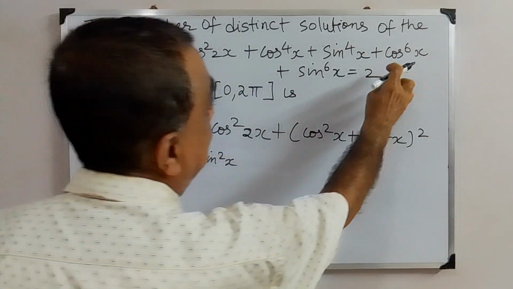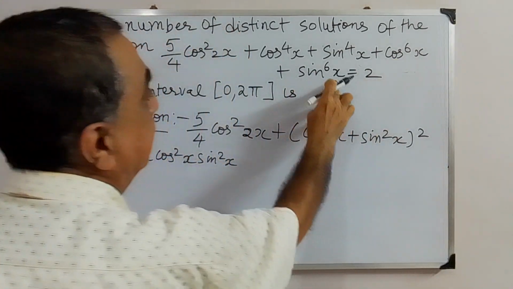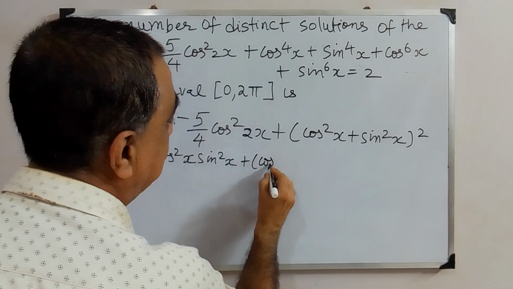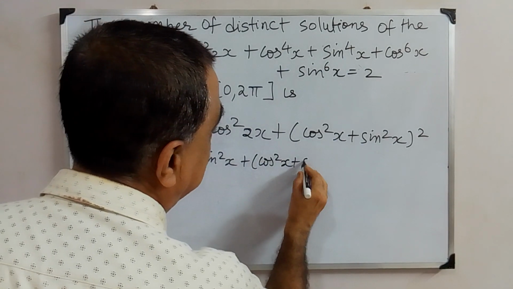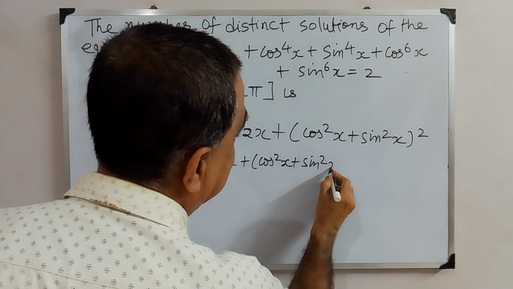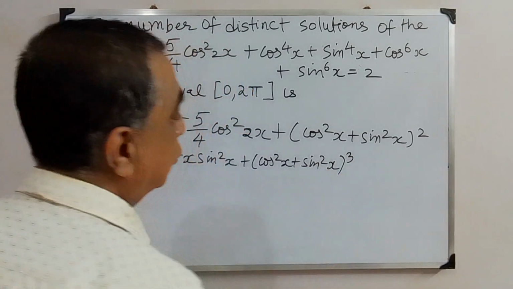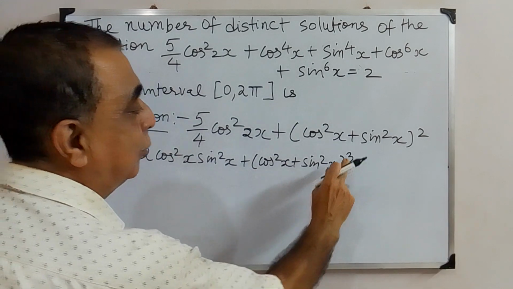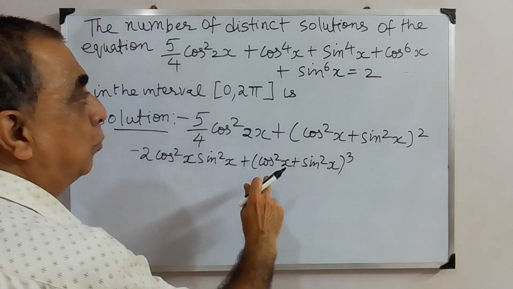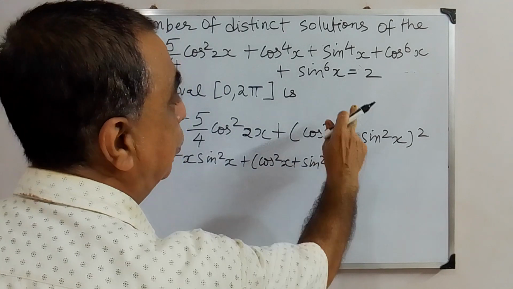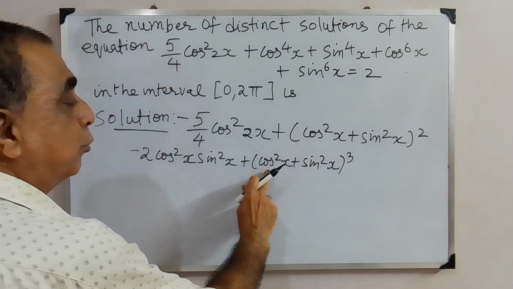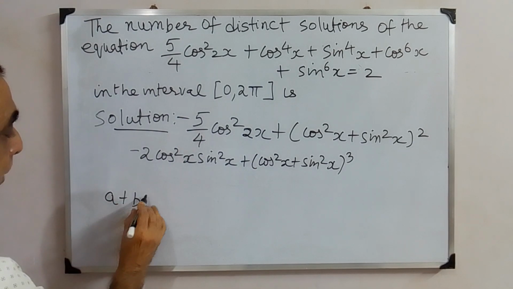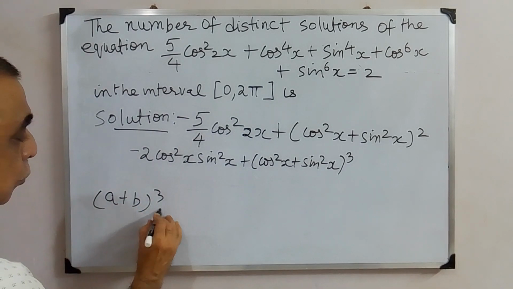Okay, and here also cos^6 x + sin^6 x, I am writing as (cos squared x + sin squared x) whole cube. When we expand this, we use the formula of (a + b) whole cube.